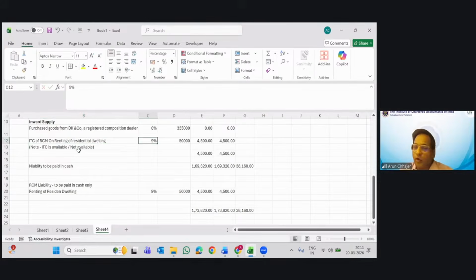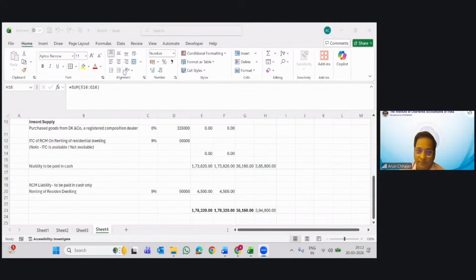So you can decide your answer based on your assumption. If I say ITC not available, then they have to pay this much amount in cash, 394. If I say that ITC would be available, then they will pay 3,85,000 in cash. Is that clear? Fine.